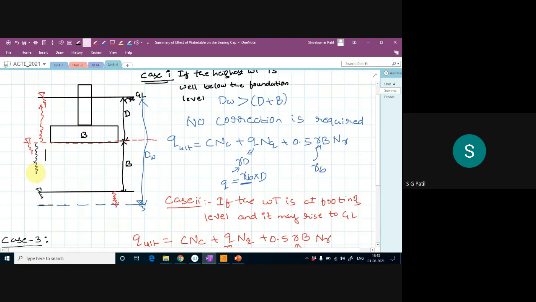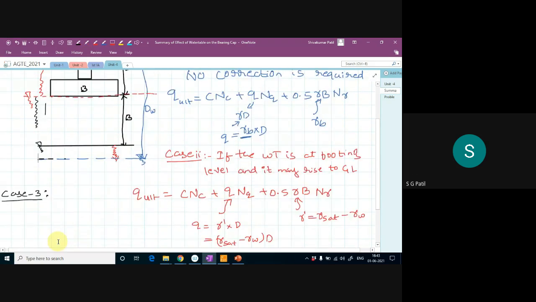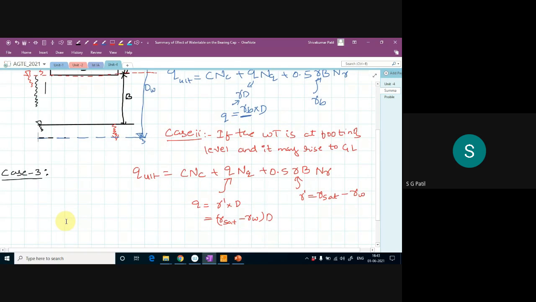If the water table is present in this region, that will be my third case. So the third case is if the groundwater is at the footing level and may fluctuate between footing level and a depth equal to the width of footing.